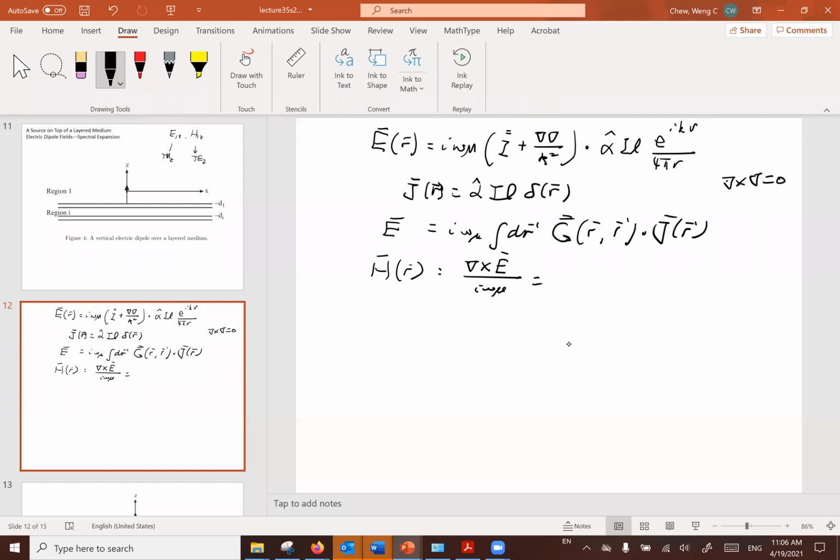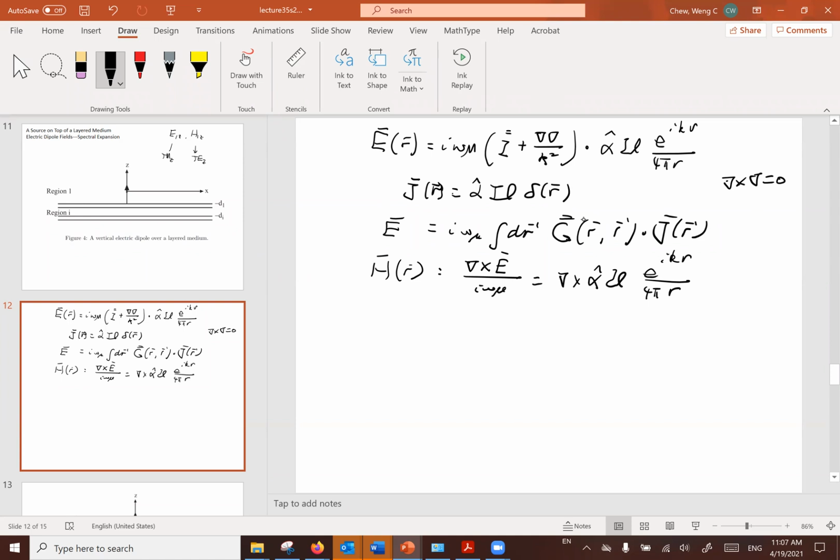That is a silly thing to do. So if you have this curl of E, this term disappears, you only pick up this first term. You can show that the magnetic field is actually curl of alpha IL e to the ikR over 4 pi R.